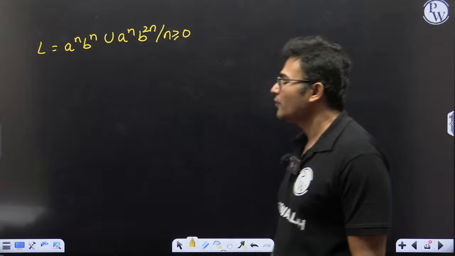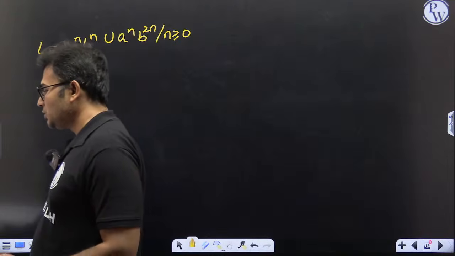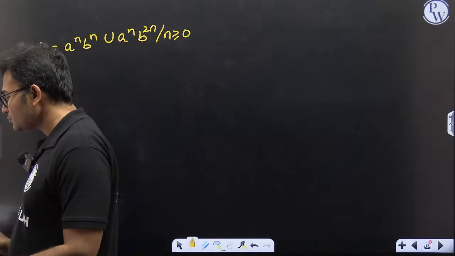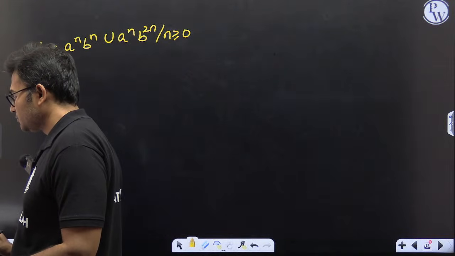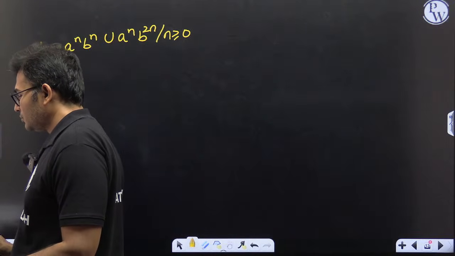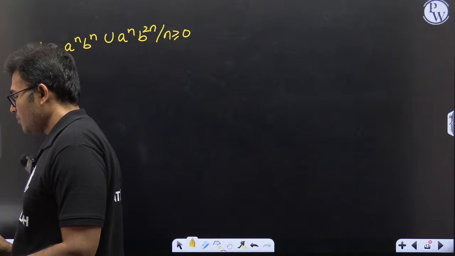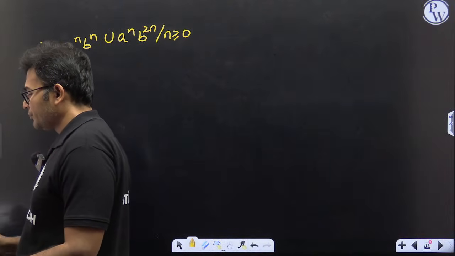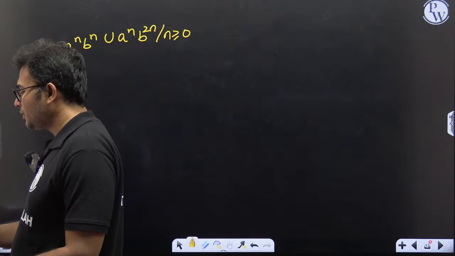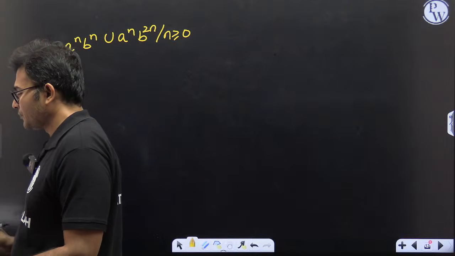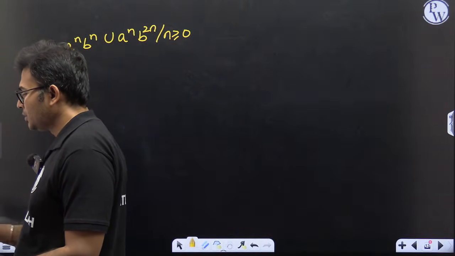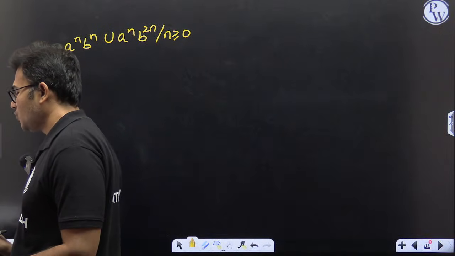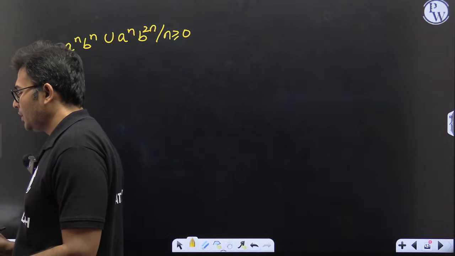You cannot apply one rule. You have to apply all the 3 rules. You have to test all the 3 rules. If all the 3 rules are satisfied, then you can say that it is ambiguous.